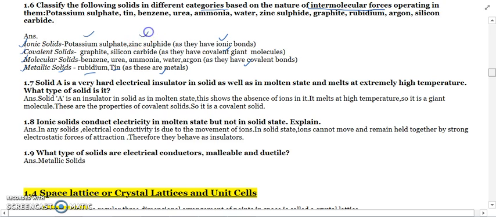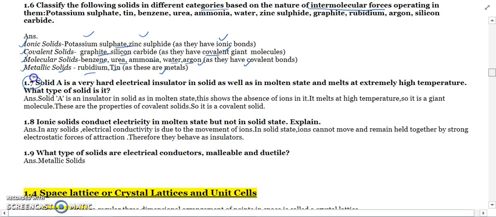Potassium sulfate and zinc sulfide consist of ions, therefore they are classified under ionic solids. Urea, ammonia, water, and argon form molecules, so they are molecular solids, and they are not giant structures. But silicon carbide and graphite are giant molecules, therefore classified under covalent giant molecules.